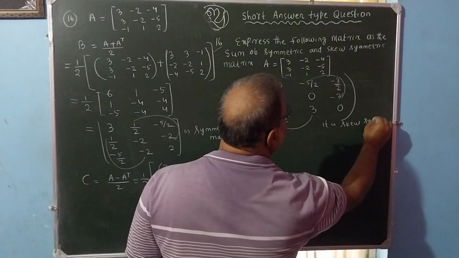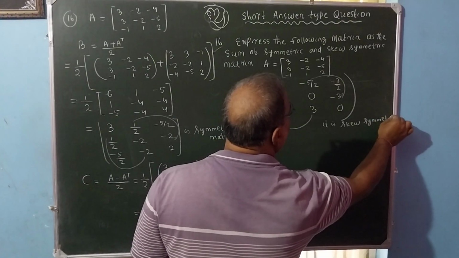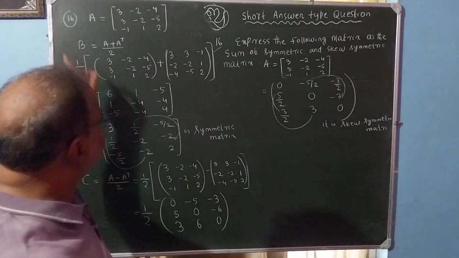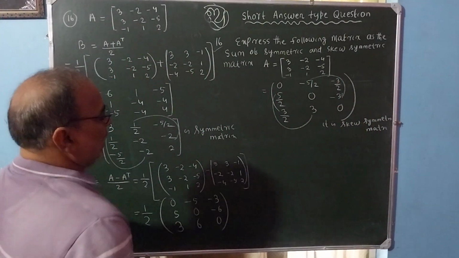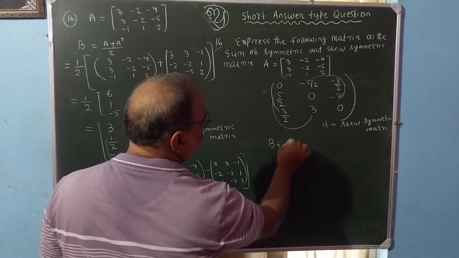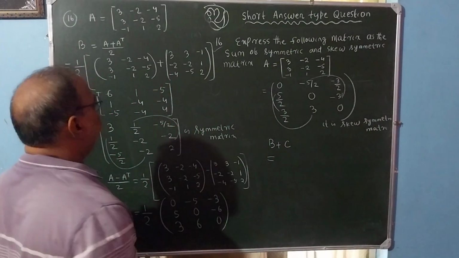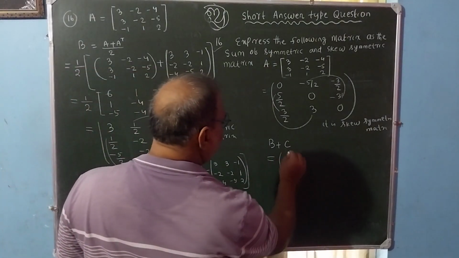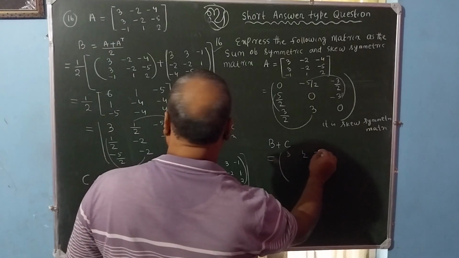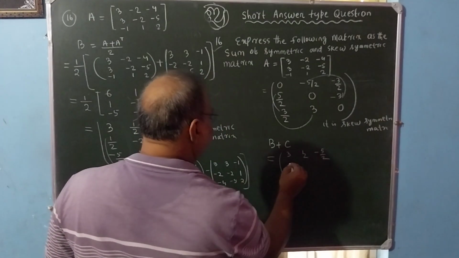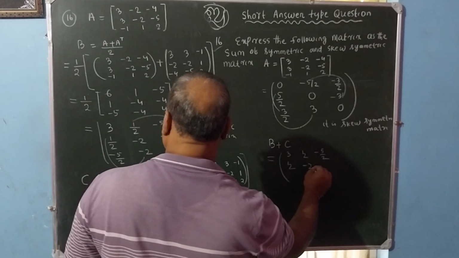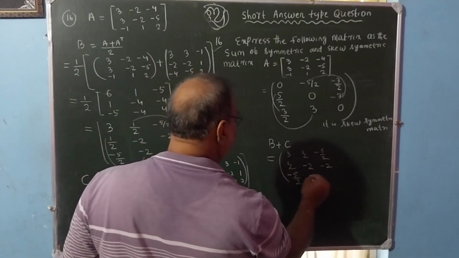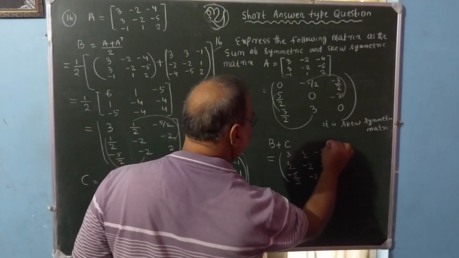So it is a skew symmetric matrix. Our aim is to show that B plus C is equal to A. Write down, verify B plus C must be equal to A. B is 3, 1/2, -5/2, here it is 1/2, -2, -2, -5/2, -2, 2.